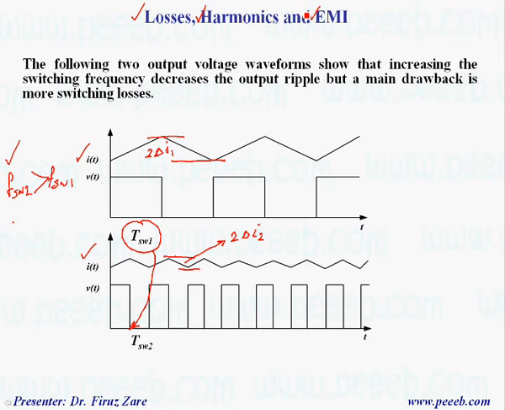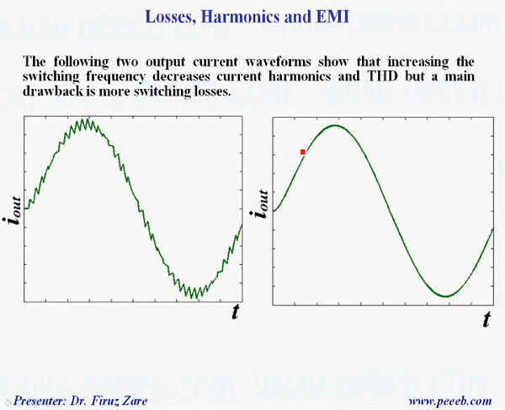And the other case is that by changing the switching time, we may change the losses, but we may also increase the EMI. So it's quite important to understand these three factors and how we can control and optimize our design. So in the previous slide, we found when the output voltage is DC, how the switching frequency can affect the output ripple and also losses.